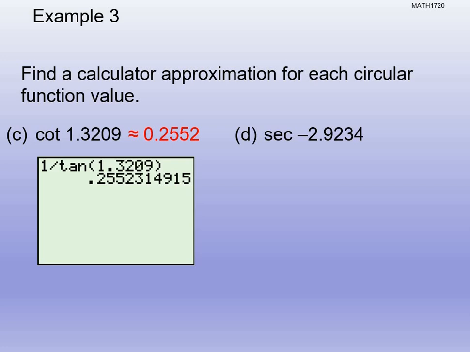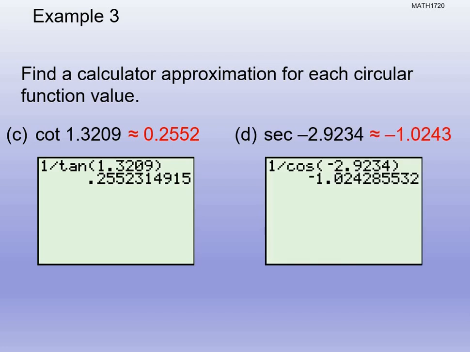It'll give us the inverse ratio. So when we take 1 divided by tangent of 1.32, you should get 0.255. So secant, what do you think you're going to do? You're going to take 1 divided by cosine of that value, and you're going to get negative 1.02.